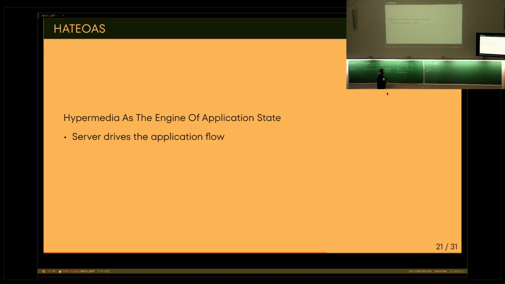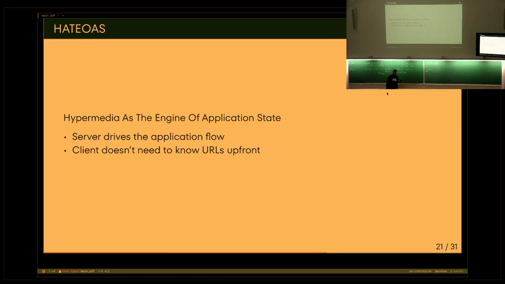So we have the server driving the application flow, which is what we kind of spoke about already. The client doesn't know all the different URLs of things that it can pull upfront. It knows the one that you opened it with. And the server will send data that instructs the client that, hey, you can click on this, that's another URL.